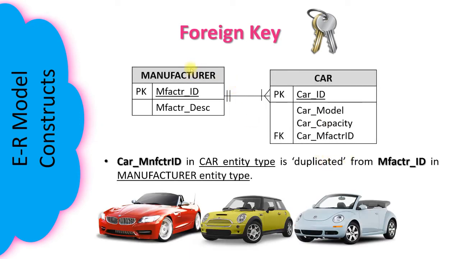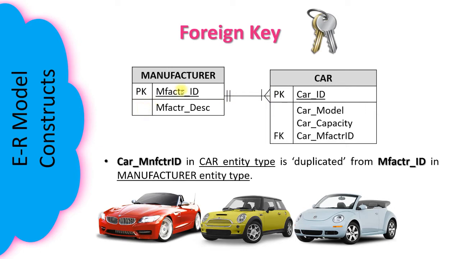Here we have manufacturer as one entity type, and another entity type for car. These are two separate entity types, but somehow they are related to one another. The cardinality of the relationship between these two entity types is one to many.